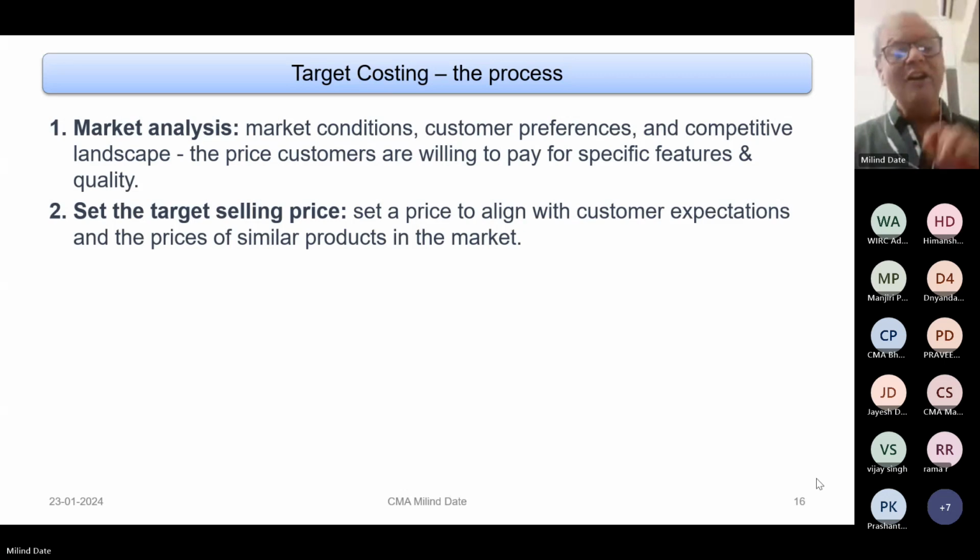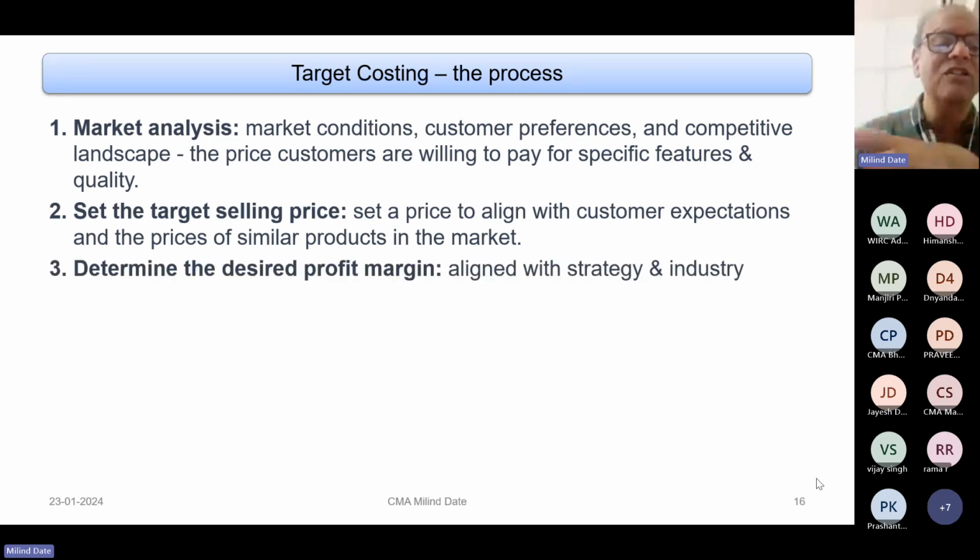And then, considering this range of services that you want to provide to the customers, you may determine the desired profit margin.